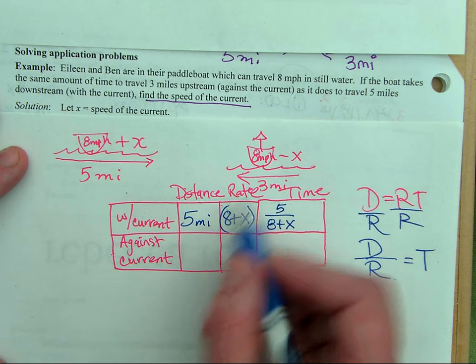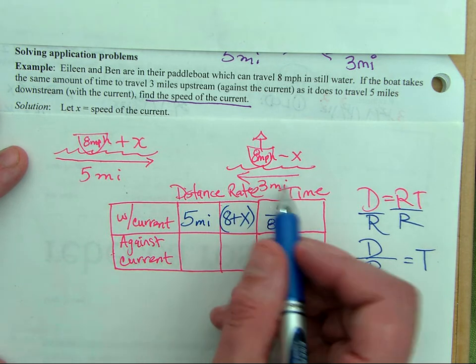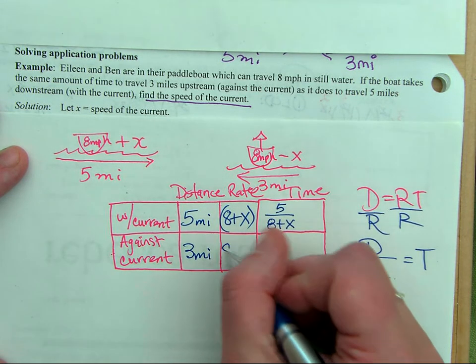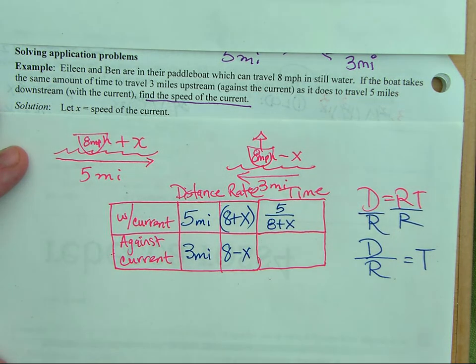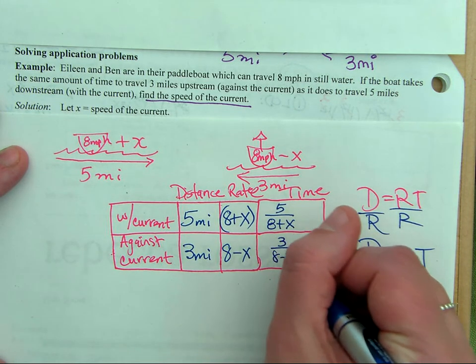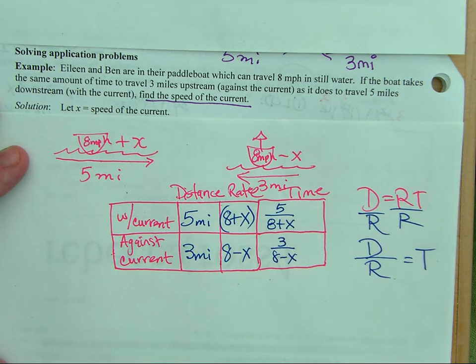Now, against the current, we know the distance we traveled was 3 miles. The rate was 8 minus x because the current slowed us down. And so we went 3 over 8 minus x. That's the time it took us to go the 3 miles. Now, what do we know about these 2 times?